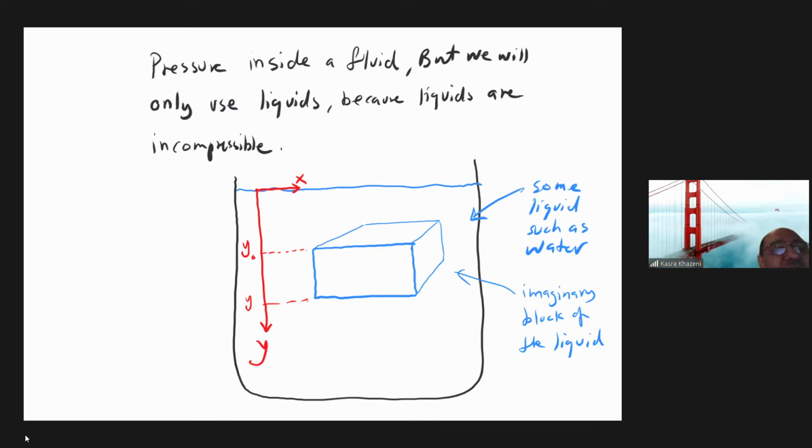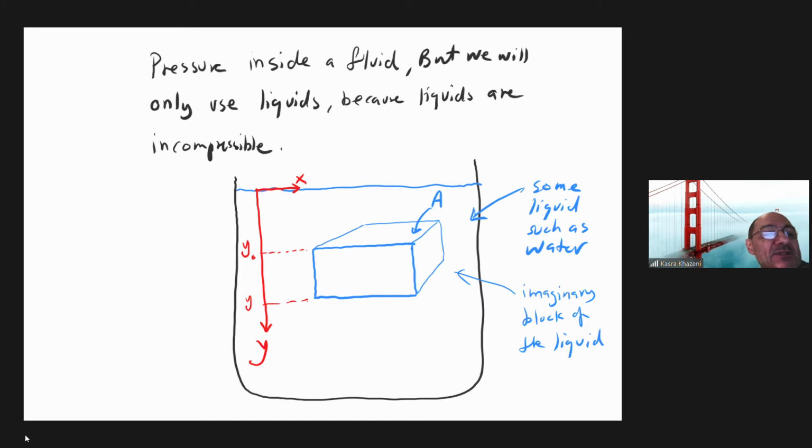Okay, and that it has some surface area. That's the area of the top of that box. Okay? Now, because this box is not moving anywhere, because it's just this chunk of that liquid that I have built up in my imagination, but I know for a fact it doesn't move anywhere because there's no flow in it, there's no swimming fish inside, this thing is just sitting there doing nothing.